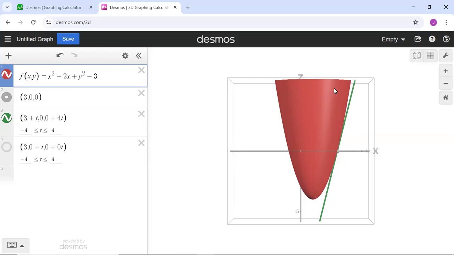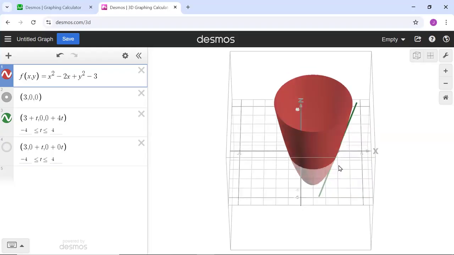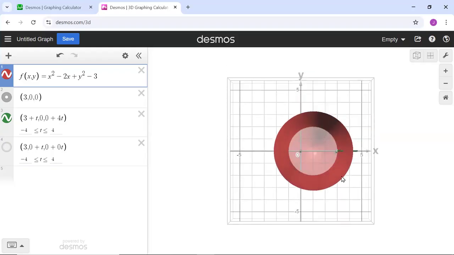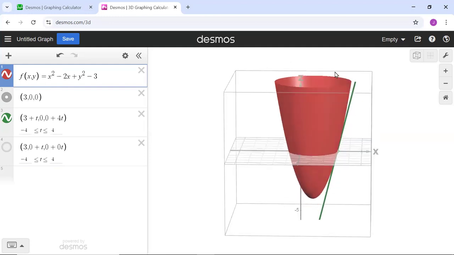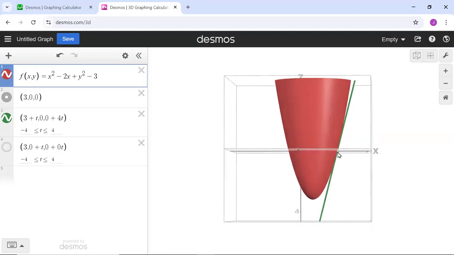Every time you move in the x direction, and we are moving exactly along that x line, as you move parallel to the x, your z value is increasing by 4. So over 1, up 4.